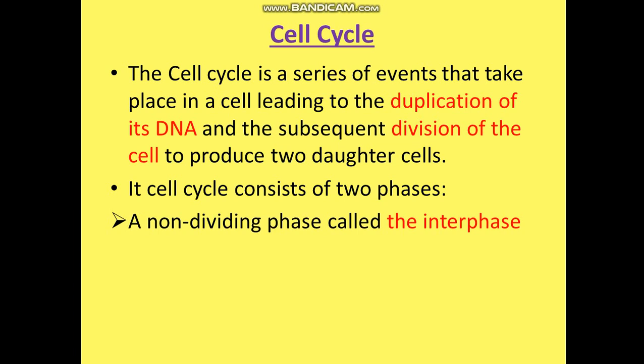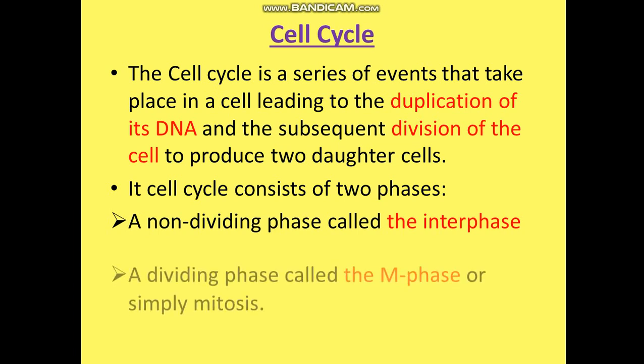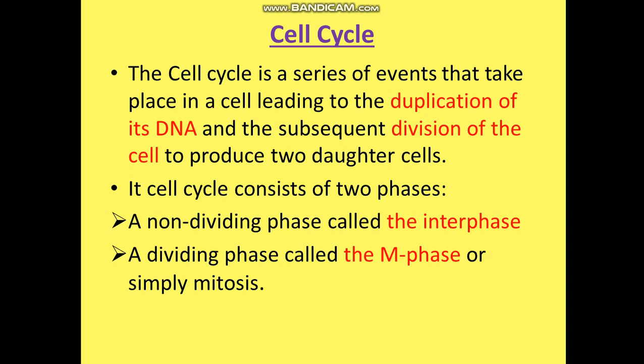Then the second is a dividing phase called M phase or simply mitosis. So two phases in a cell cycle: the interphase, which is the non-dividing or the preparation period, and then the dividing phase where actual division takes place, that is the M phase or the mitosis.